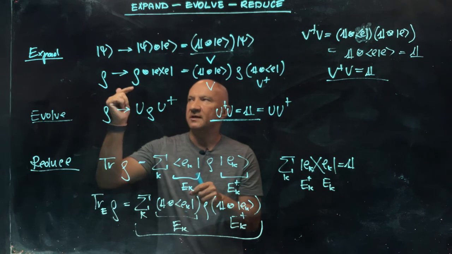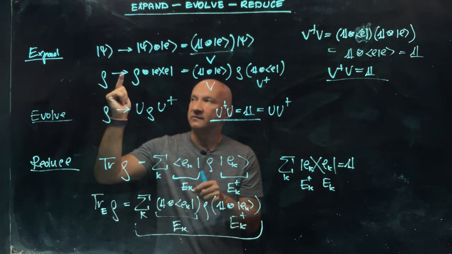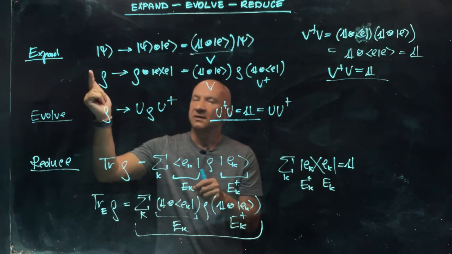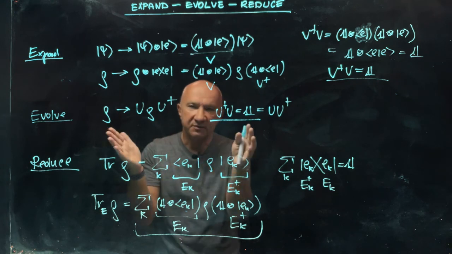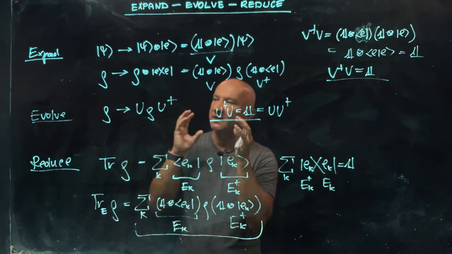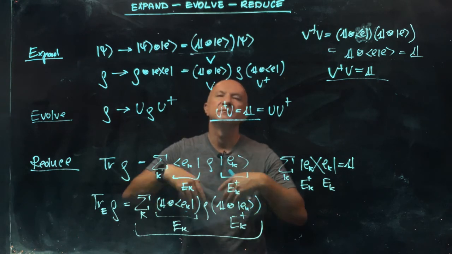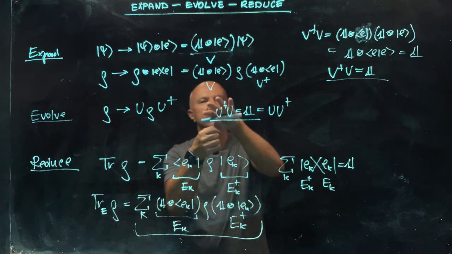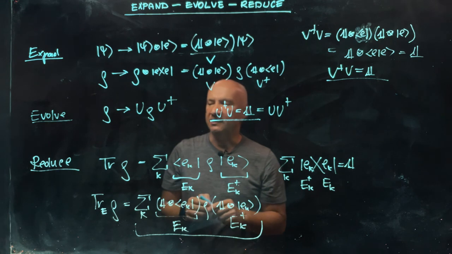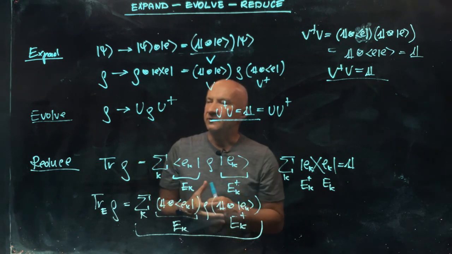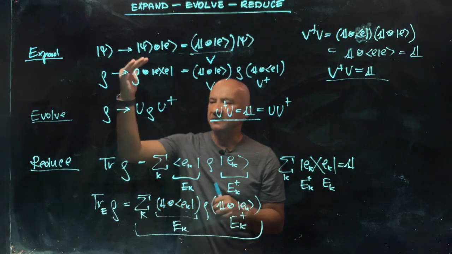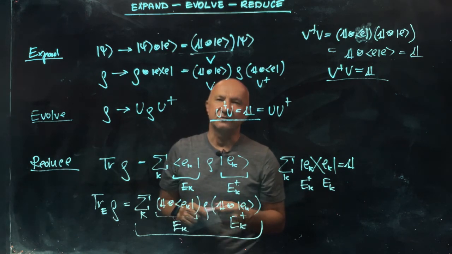So one can postulate that any evolution of an open quantum system can be understood in terms of this sequence: expand, bring another subsystem; evolve, a proper unitary evolution; reduce, forget about part of the system. And so clearly this is all nicely expressed in the Krauss representation.